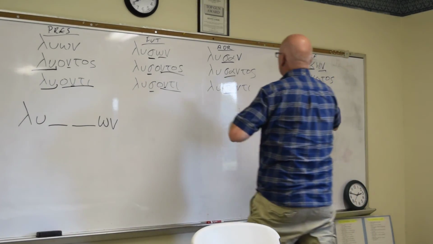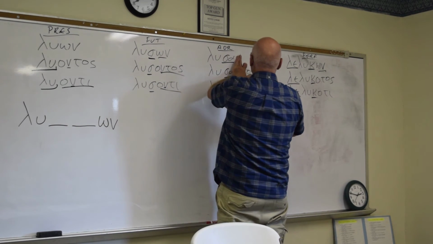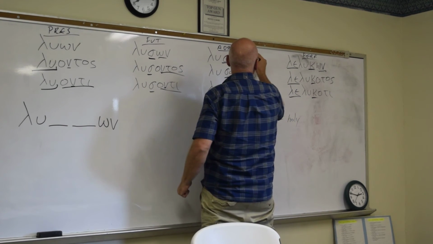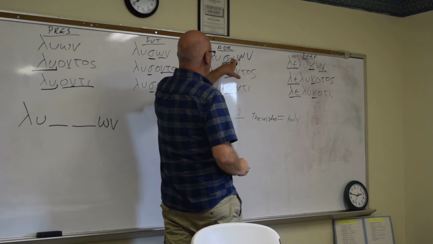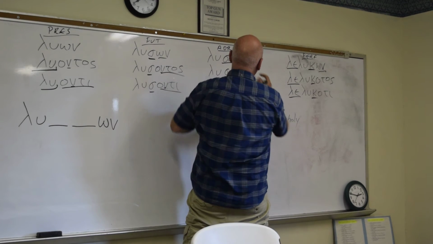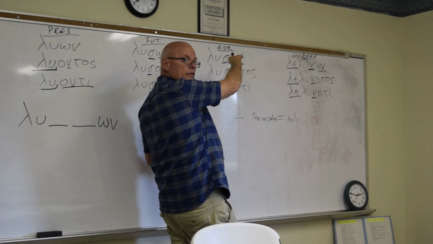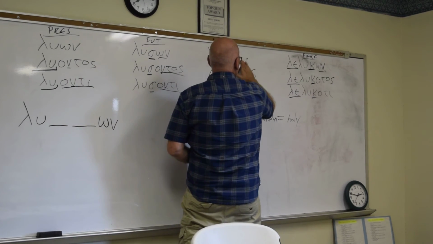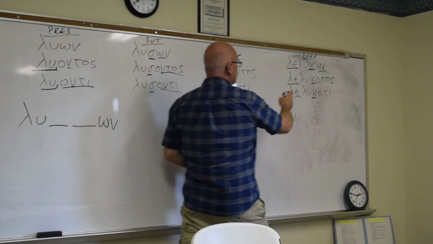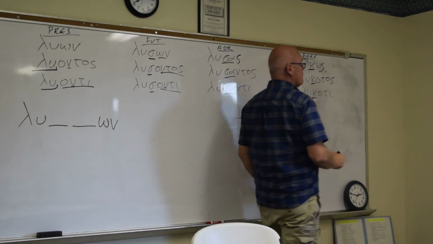So here's where that happens. It would normally be this, right? It's normally that, but because of the alpha, I drop out my initial vowel, and then this changes to sigma, and it's the same way over here. Changes to sigma.